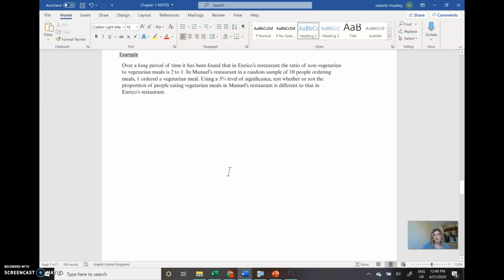So we set up our questions in the exact same way that we did before. Okay, so the very first thing that we need to write down is your test statistic and your probability. So I would say X is the number of people in the sample who order, I'm just going to write veggie, but you should write vegetarian, veggie meals at Enrico's.